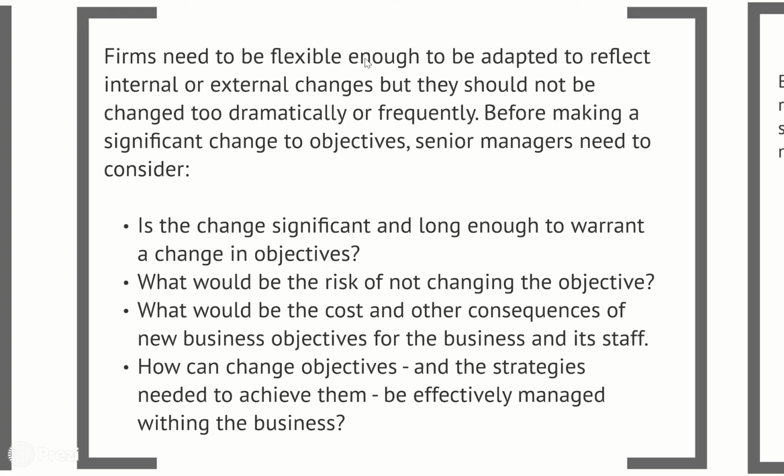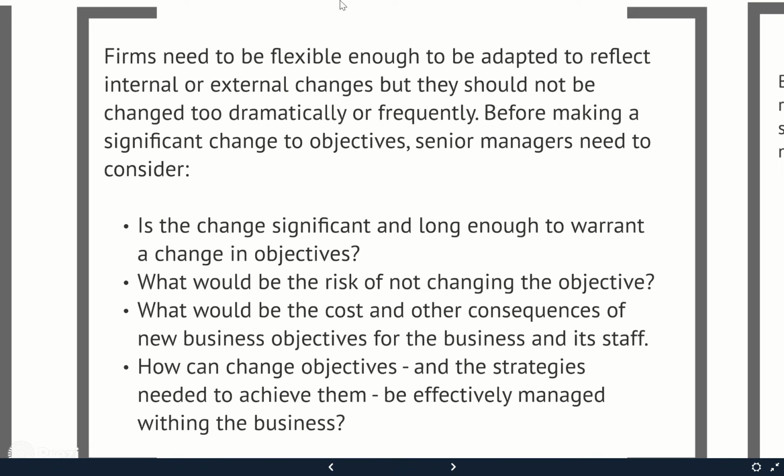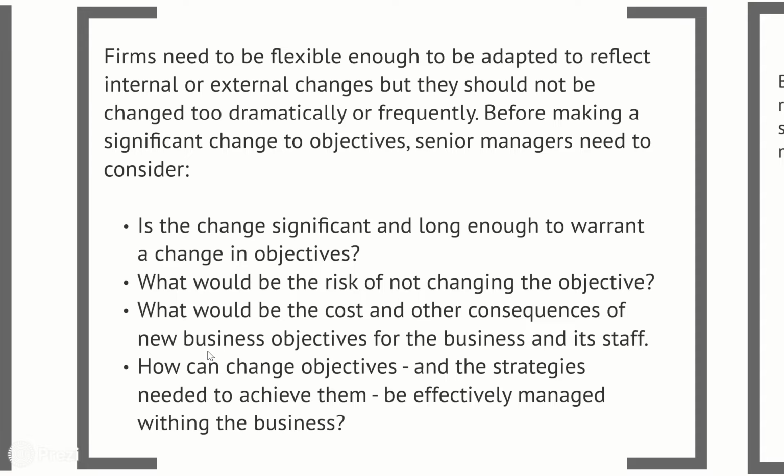Or what would be the risk if not changing the objective? Or even what would be the cost and other consequences of new business objectives for the business and its staff? So these are the main objectives, and how can objectives and strategies needed to achieve them be effectively managed within the business?